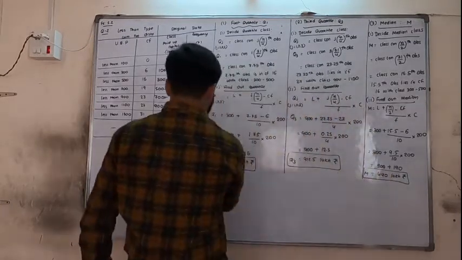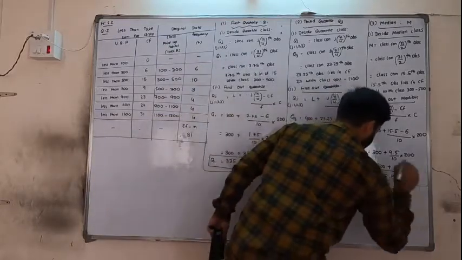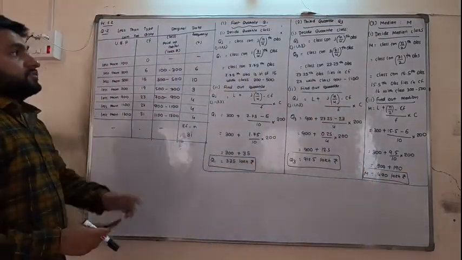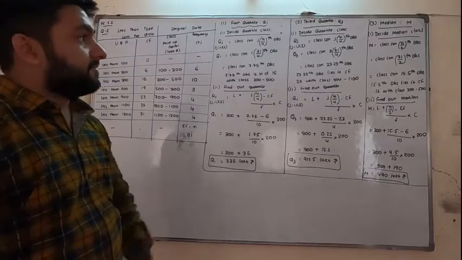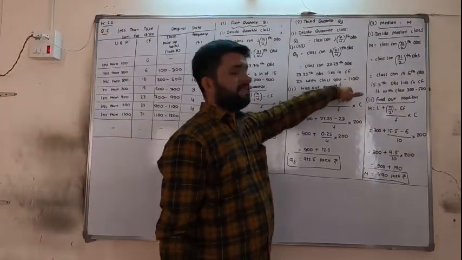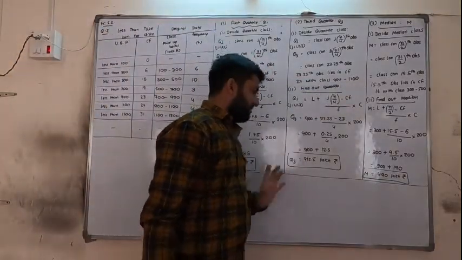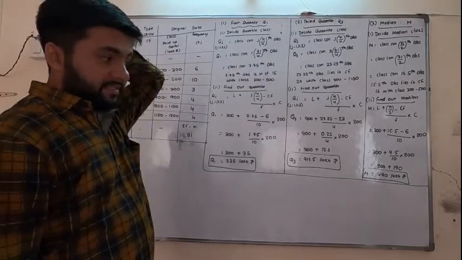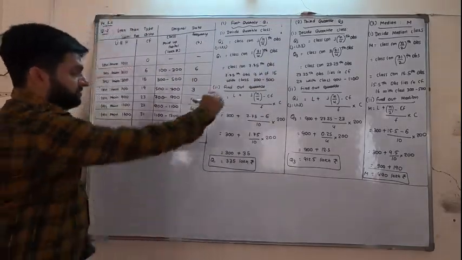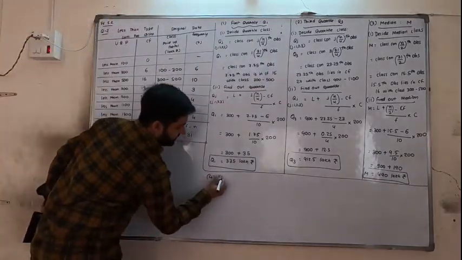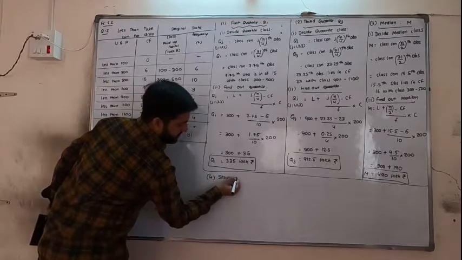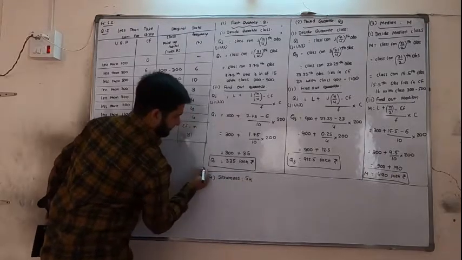Okay. So first quartile is 335, second quartile had only my slight mistake in seeing the class, which I have corrected, and the median is found. Now we have to find both. So I am writing here skewness SK.